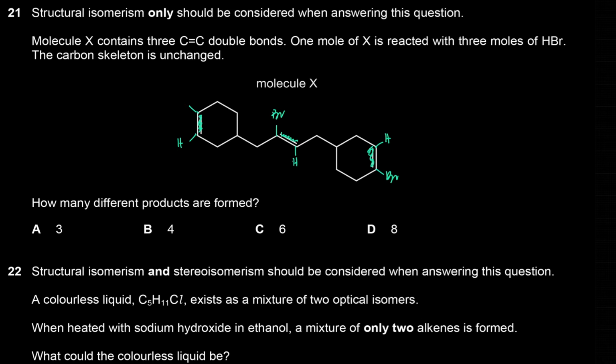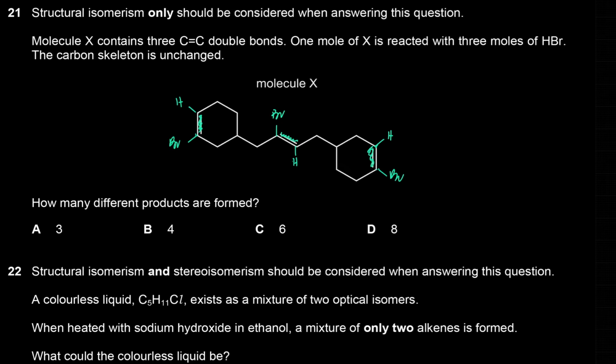A third possibility is that on the one side, the bromine is closer and the hydrogen is further away, and on the other side, the hydrogen is closer and the bromine is further away. Again, you're looking at it relative to the carbon chain.